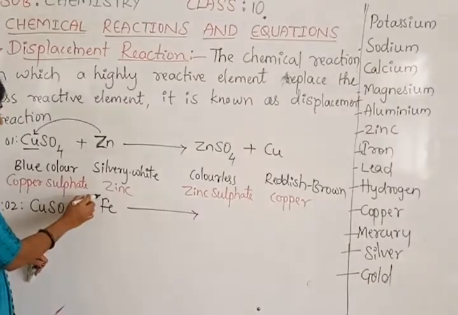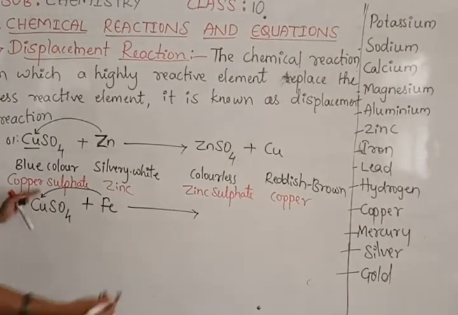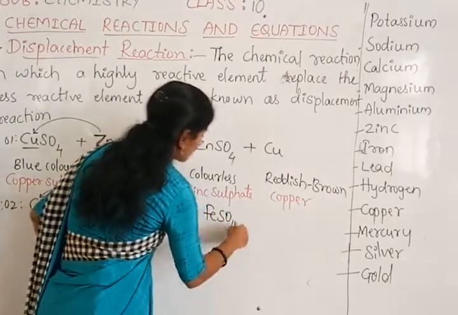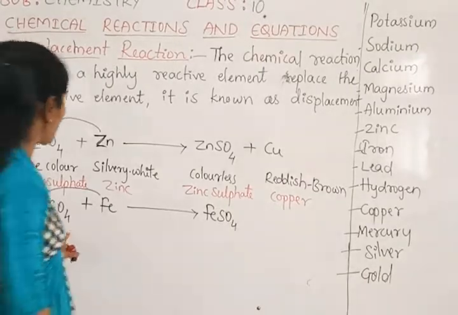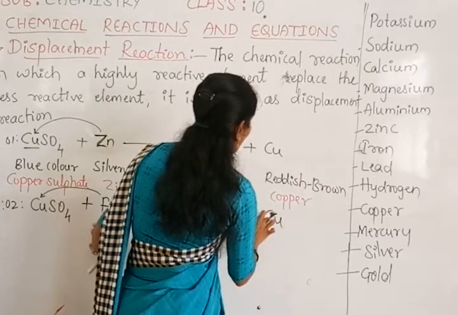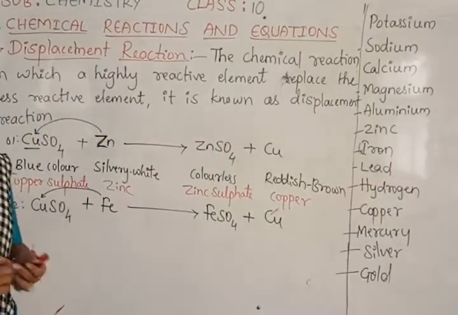Here this iron will replace the copper. Then it will form iron sulfate, or we can say ferrous sulfate. And then again the copper will be deposited on the iron strip.